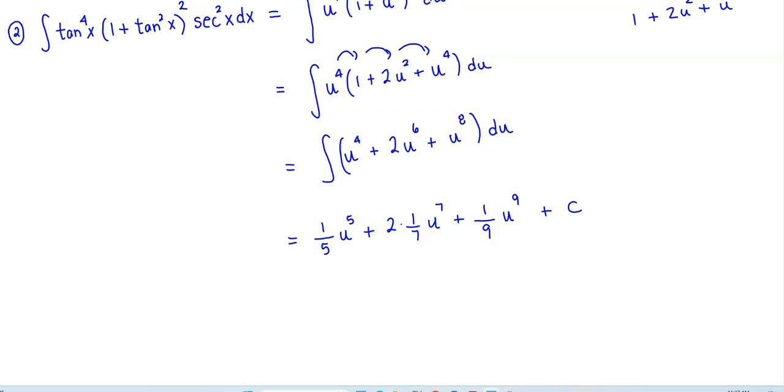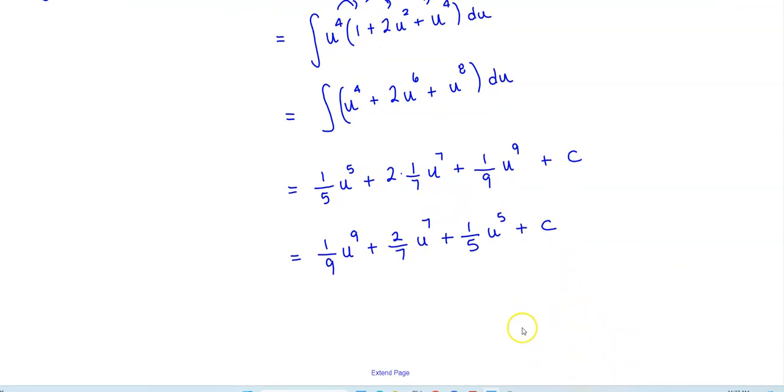Okay, and so now let's just go ahead and rewrite this in descending order. So we have 1/9 u to the 9th plus 2/7 u to the 7th plus 1/5 u to the 5th plus c.